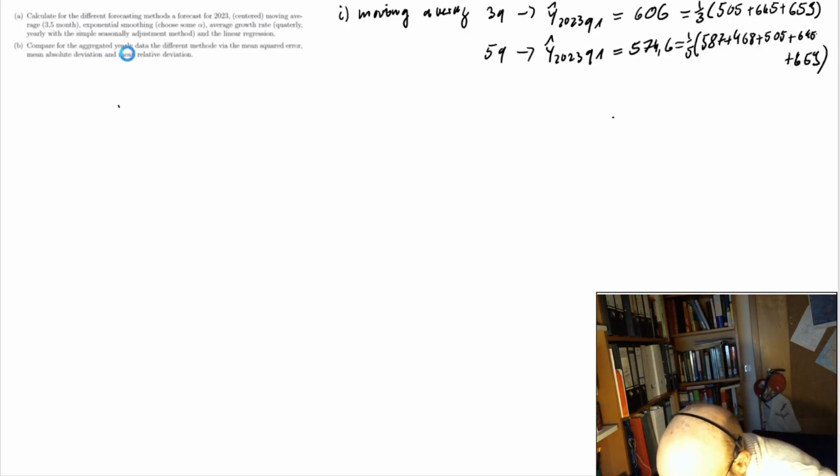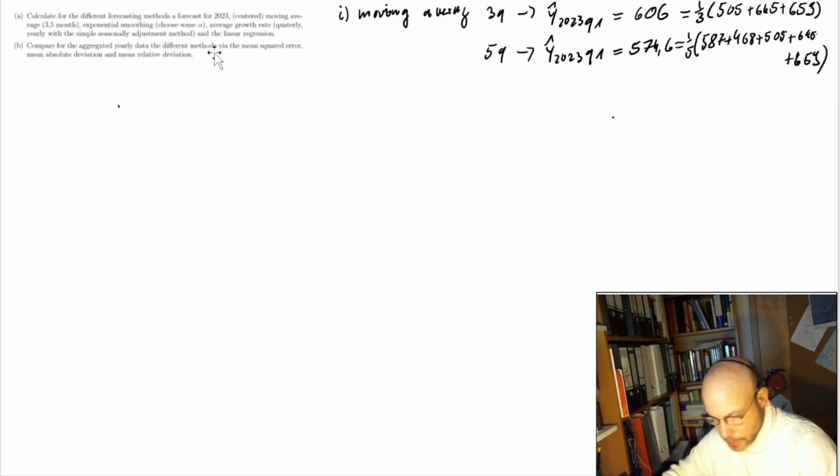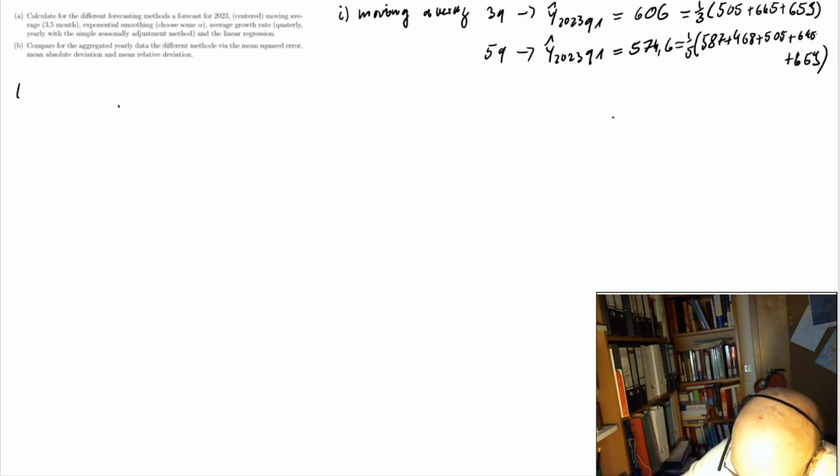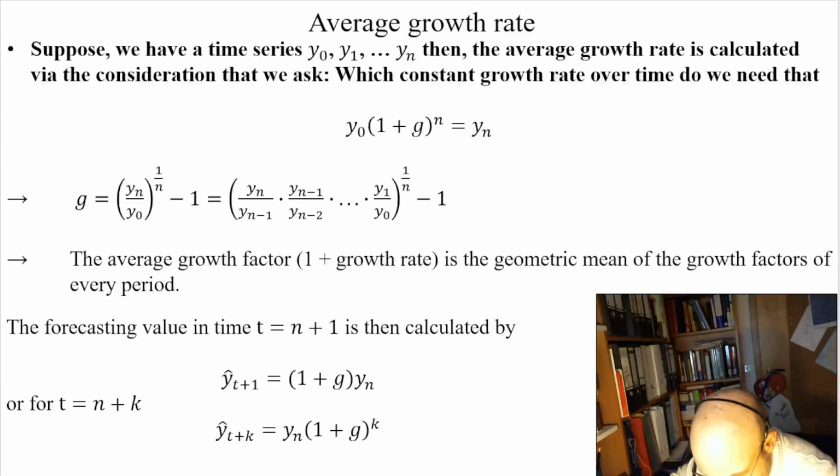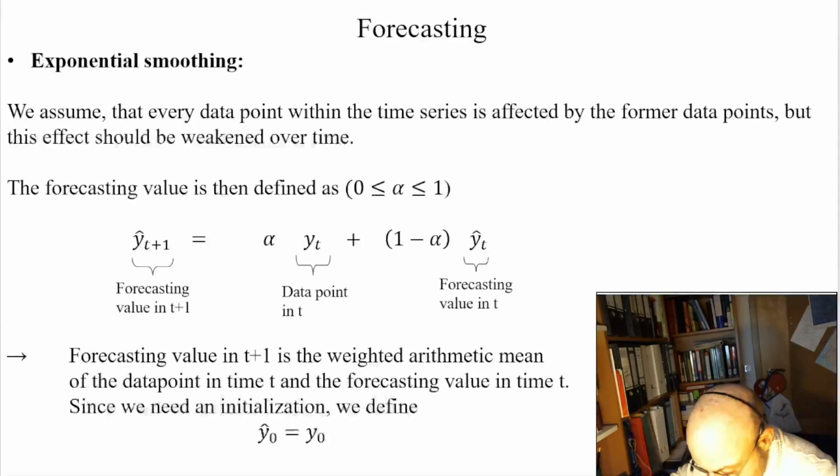So exponential smoothing, choosing a specific alpha. What was exponential smoothing? There we have this formula.